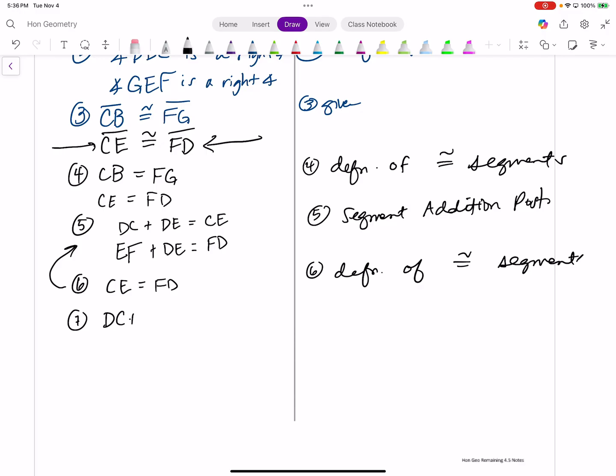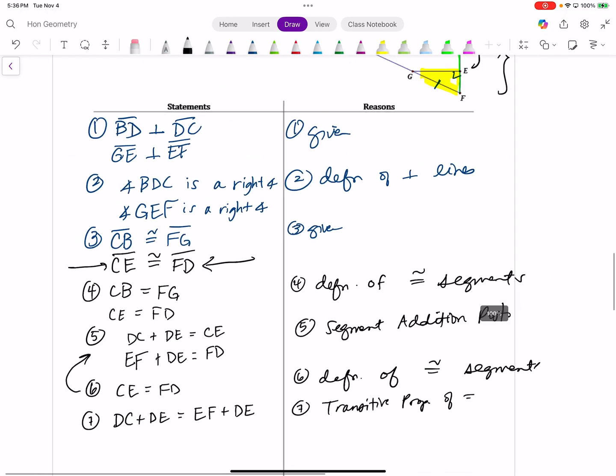So I know that DC plus DE equals EF plus DE. Let's just go with the transitive property. This would be the transitive property of equality instead of the transitive property of congruence. Again, I could have also said substitution.